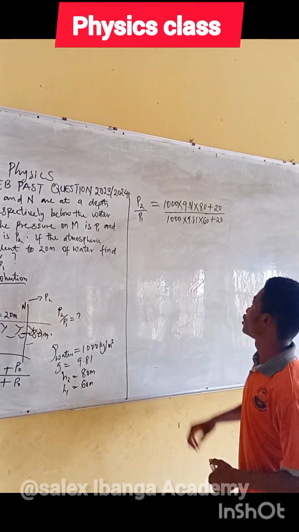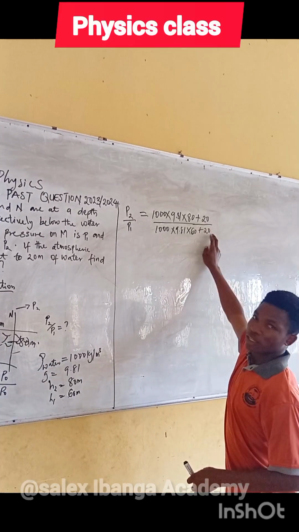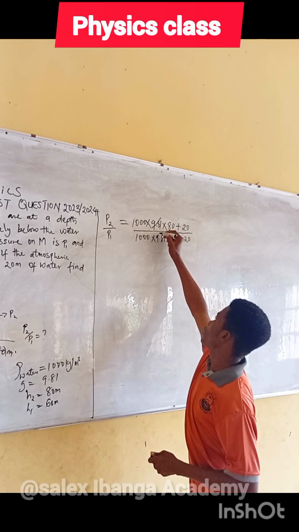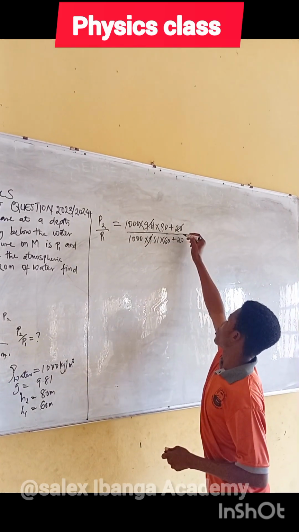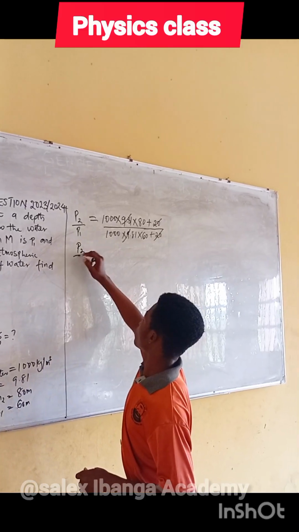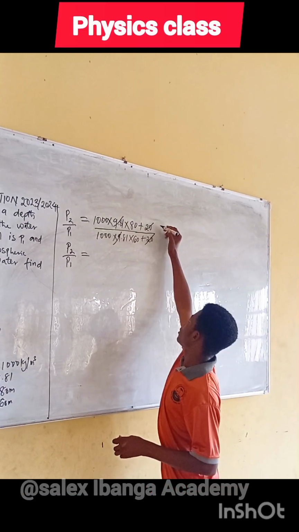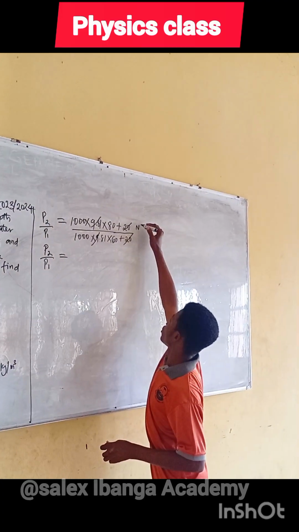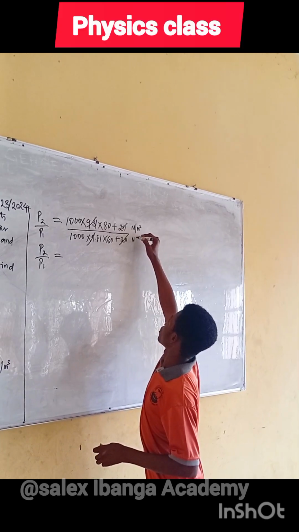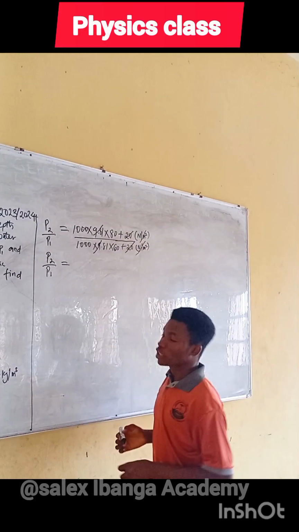My people, this man and this man are the same thing, so they will cancel out. Remember, pressure is measured in Newton per meter square, and down here is also Newton per meter square, so they will surely cancel.